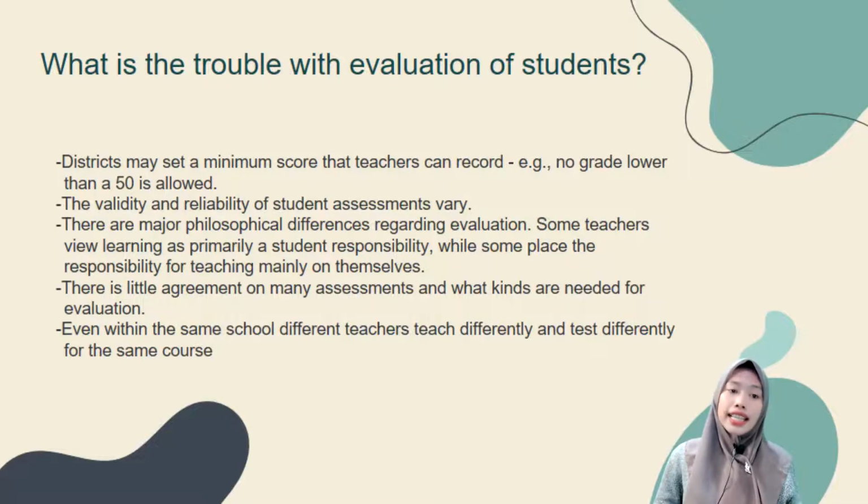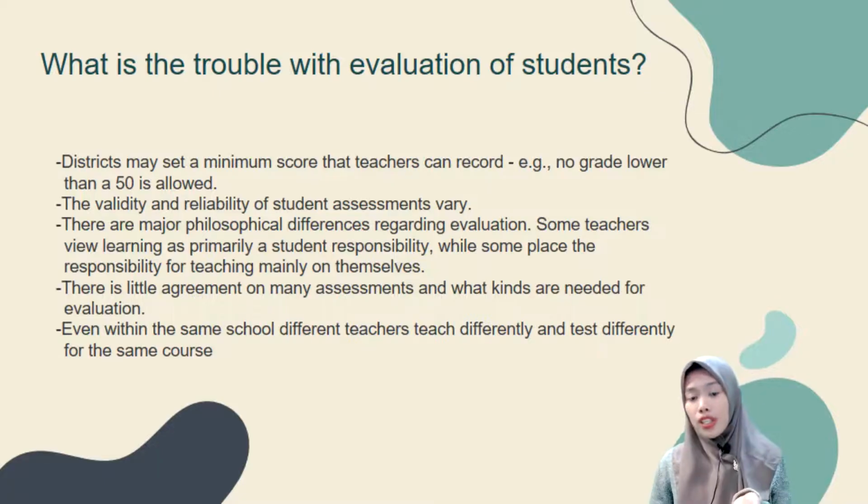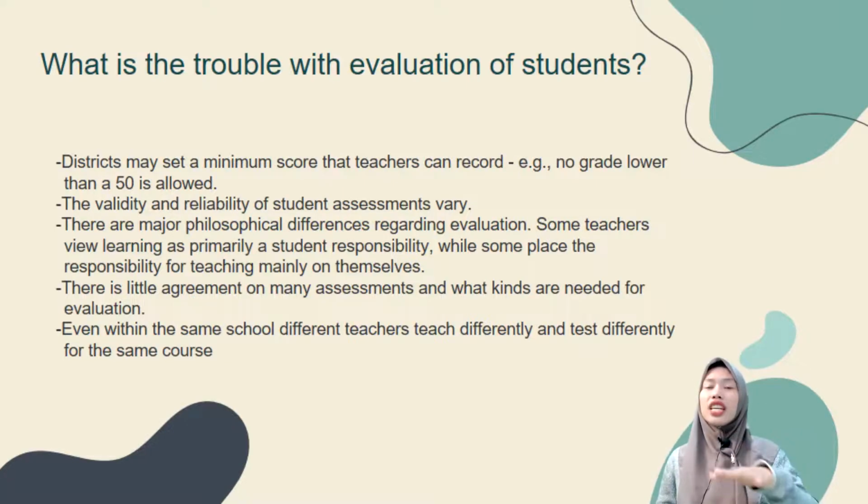What is the trouble with evaluation of students? Districts may set a minimum score that teachers can record, for example, no grade lower than a 50 is allowed. So it means that a grade under 50 is not allowed. And then the validity and reliability of student assessment vary.